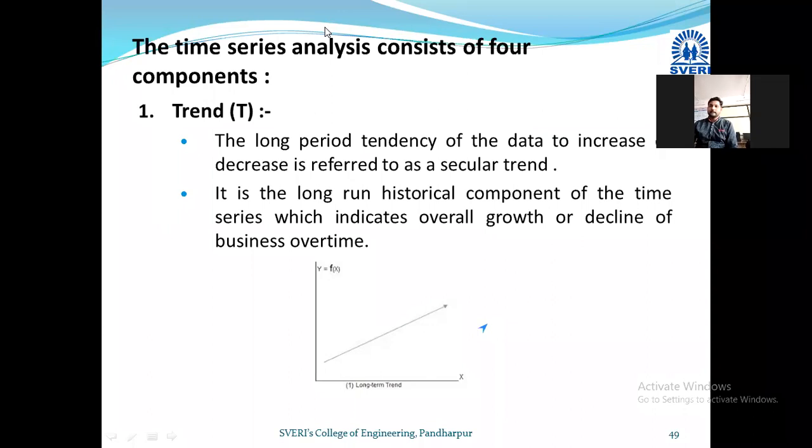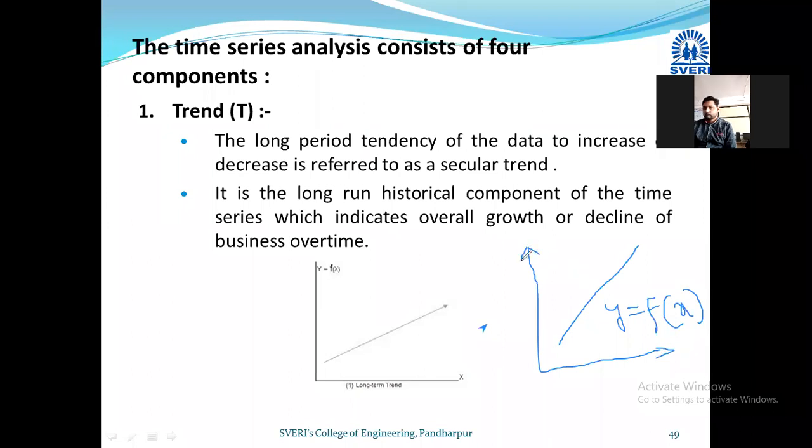So x is the deviation, we can say, from the origin, and y is the demand of the product, and it depends upon the deviation. So this is the positive trend. Okay, positive.